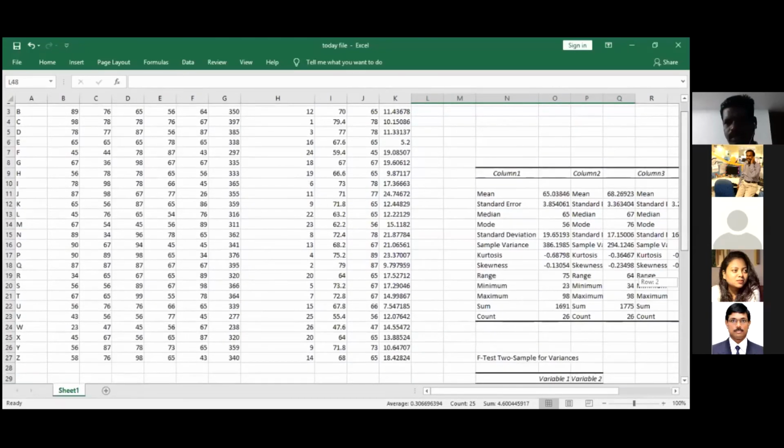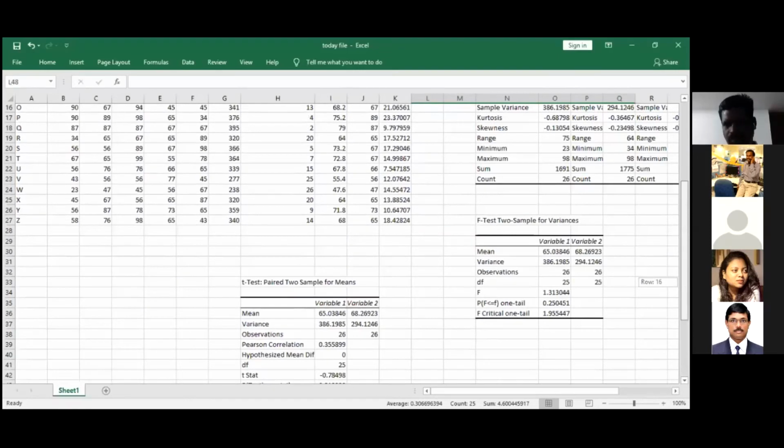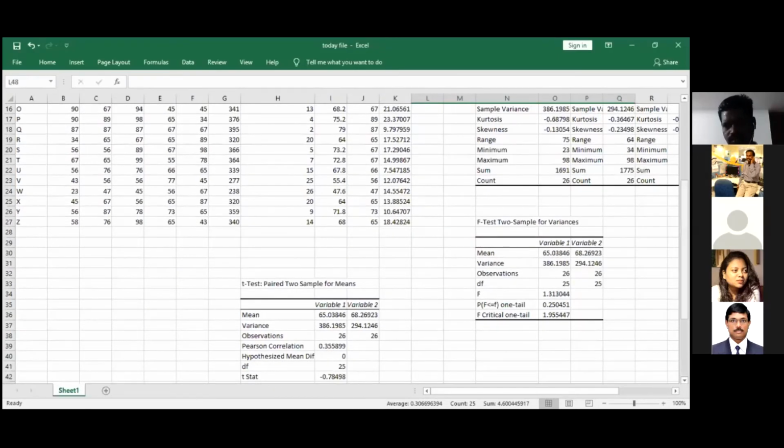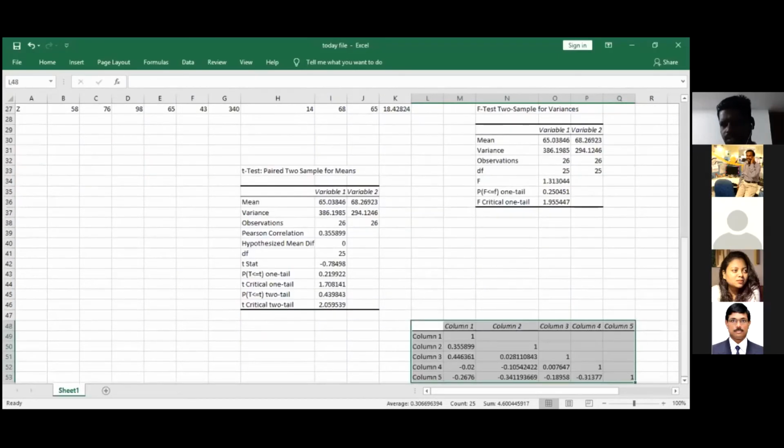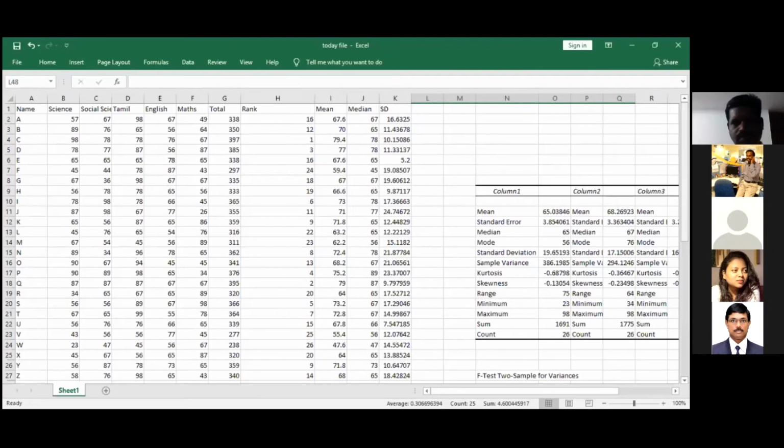So next, the chi-square test. Let's test the chi-square. For the chi-square test, two values are needed.